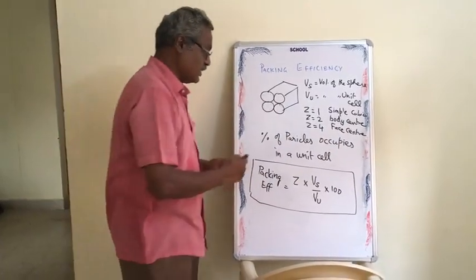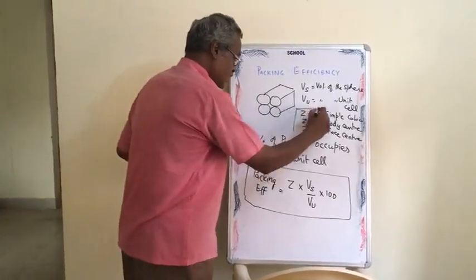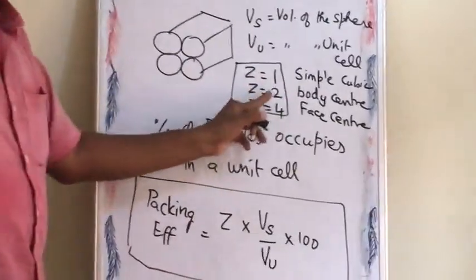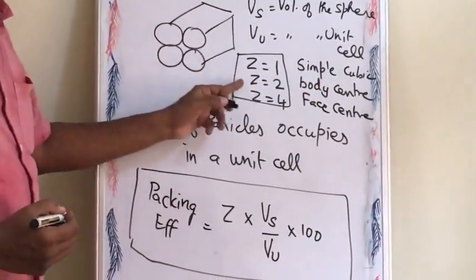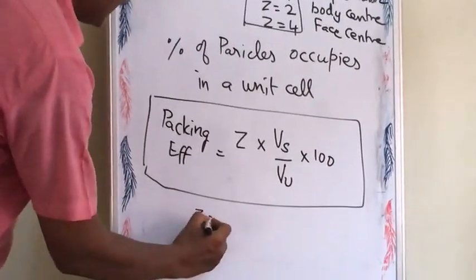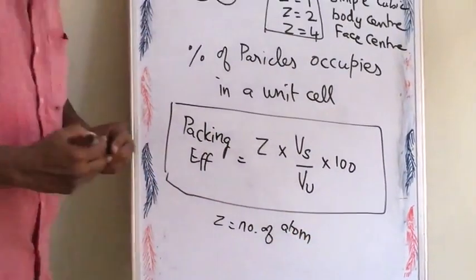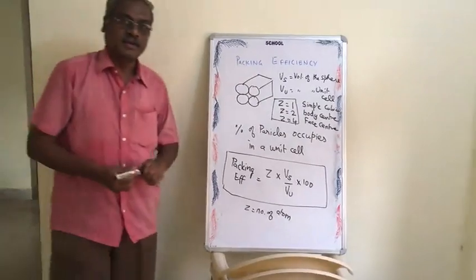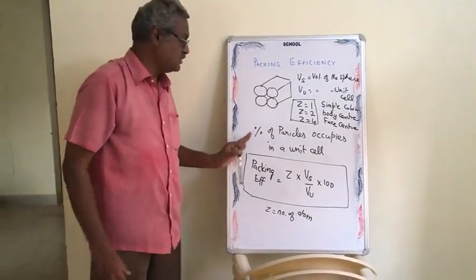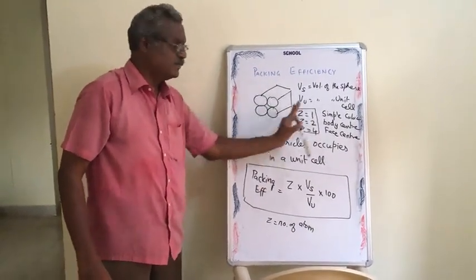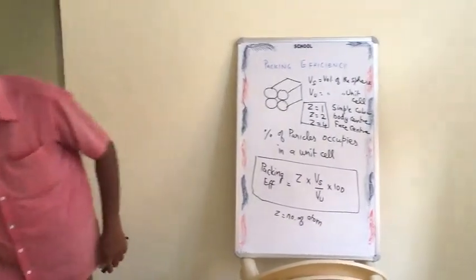So once again you recall, Z equal to 1 for simple cubic, Z equal to 2 for body centered. What is Z? Z equal to number of atoms in a unit cell. Okay, you understand? So what is packing efficiency? Percentage of particles occupied in the unit cell.